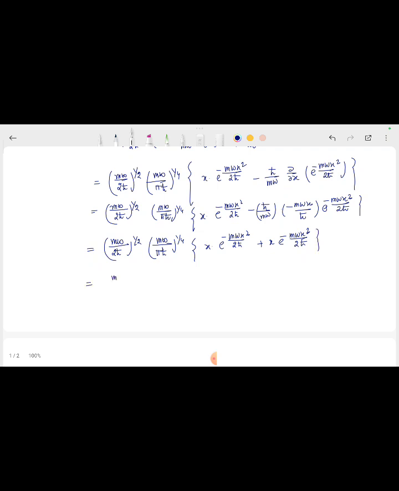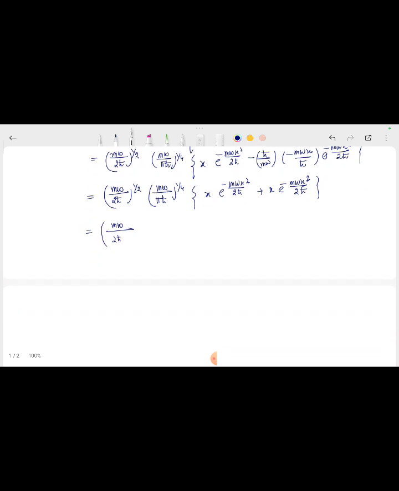So we get mω upon 2ħ whole to the power half, mω upon πħ whole to the power 1 by 4, into 2 into x, e to the power minus mω x square upon 2ħ.